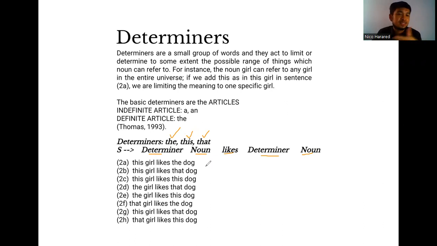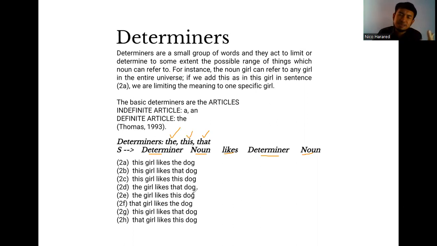So we can construct sentences like this. This girl likes the dog. This girl likes that dog. This girl likes this dog. The girl likes this dog. That girl likes the dog. And that girl likes this dog.